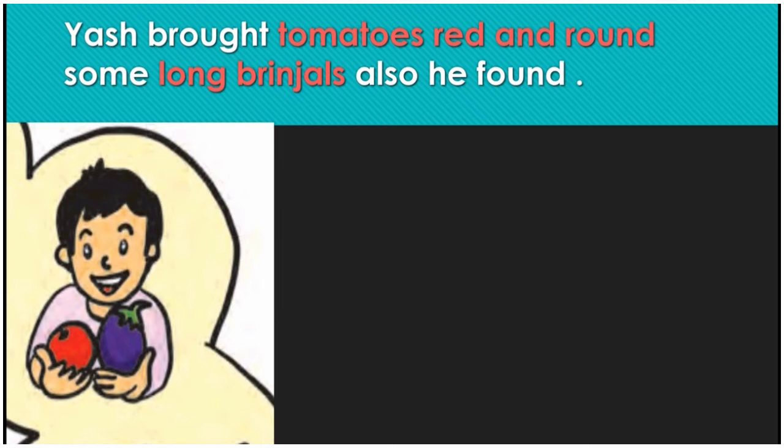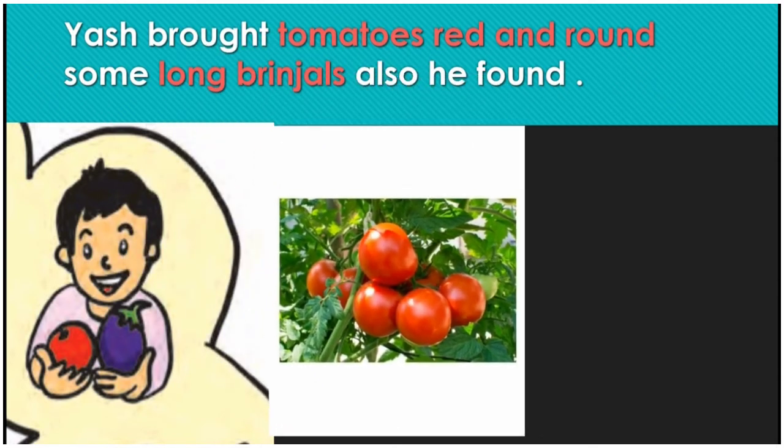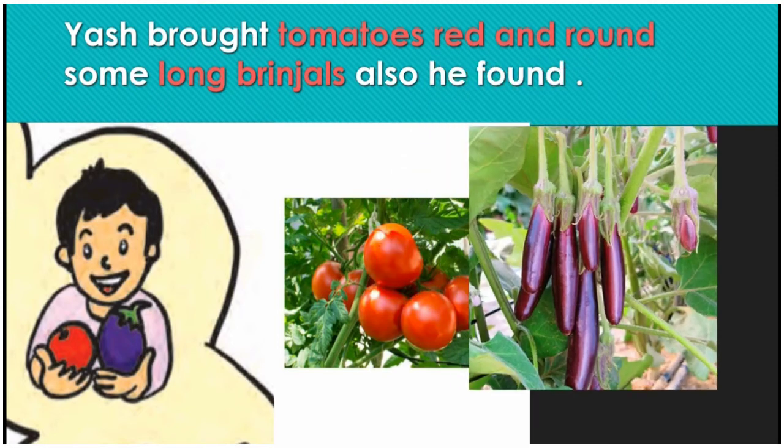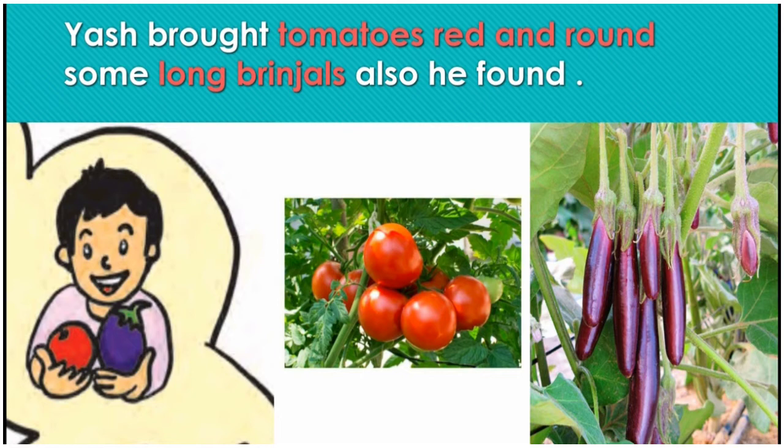Yash found some long brinjals also in this farm. So the second shape which we found here is round shape. Which shape is the tomato? Round. You can see the tomatoes are round, and long brinjals are also there.